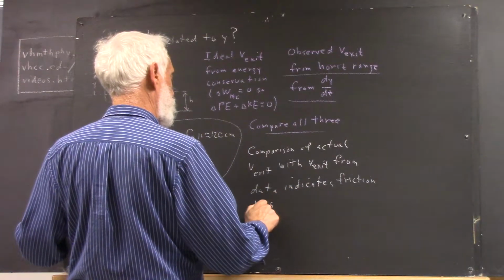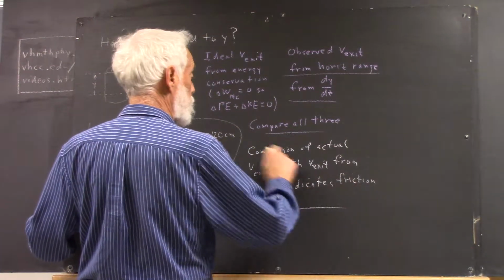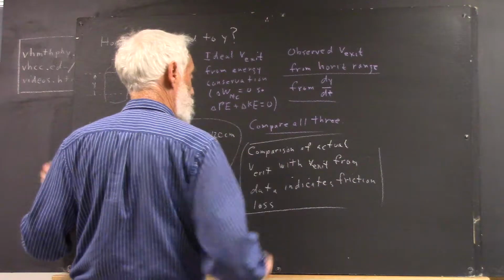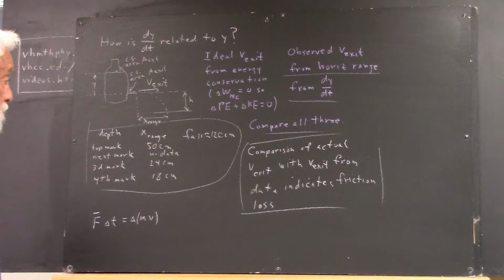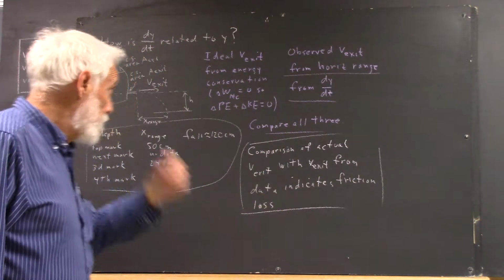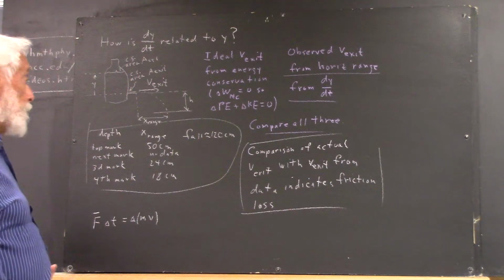And that's actually associated with what we're going to call pressure loss, and we'll worry about that a little bit later. Now there's more we want to say about this, but this is the task for right now.